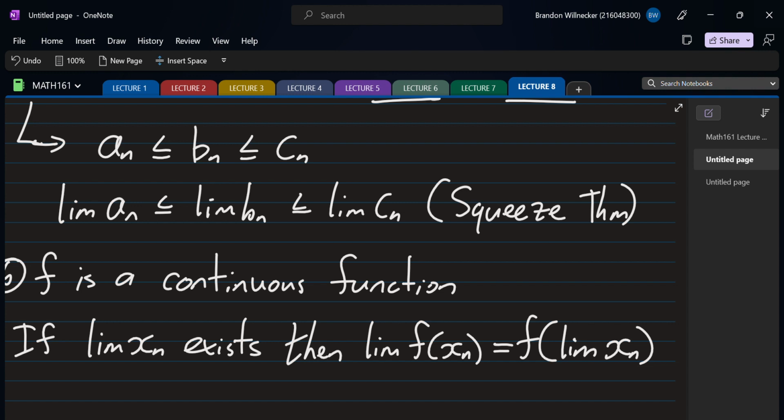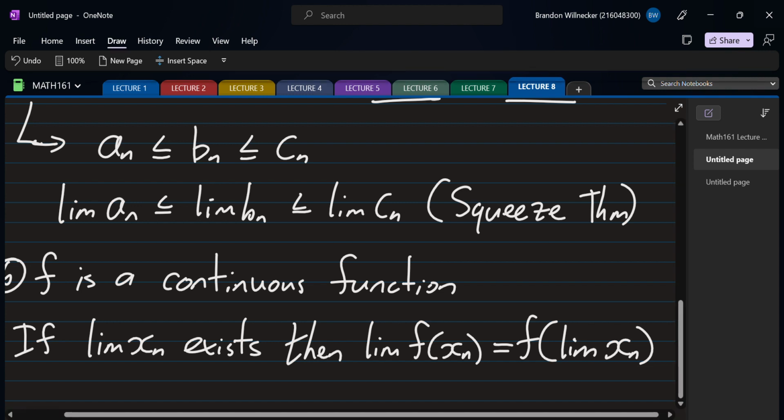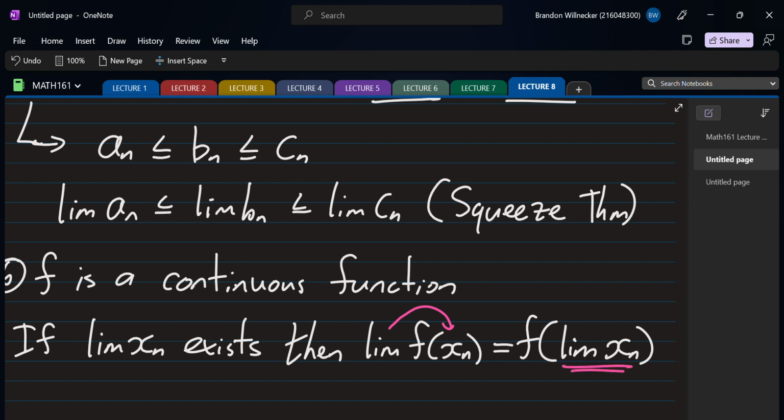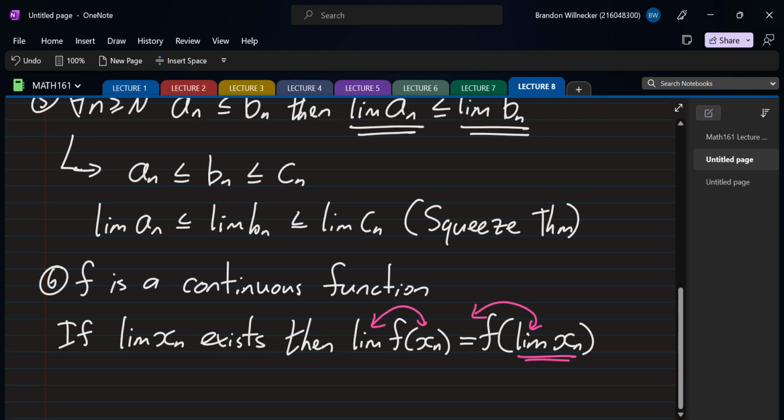So what this means is that if our function f is continuous, then we can take this limit inside the function. Or if you want to think of it the other way around, we can take the limit outside the function. Okay, so in other words, we can interchange the limit and the function. So we can have the limit on the outside of the function, or we can write the limit on the inside of the function. Yeah, we can swap them around. We will be using that quite a bit.